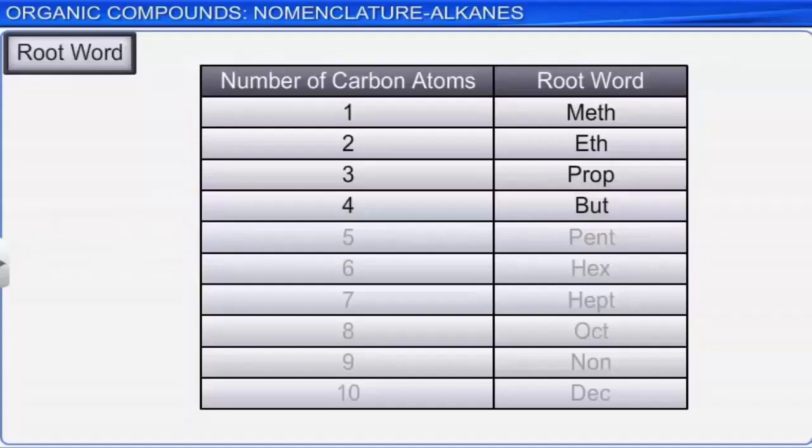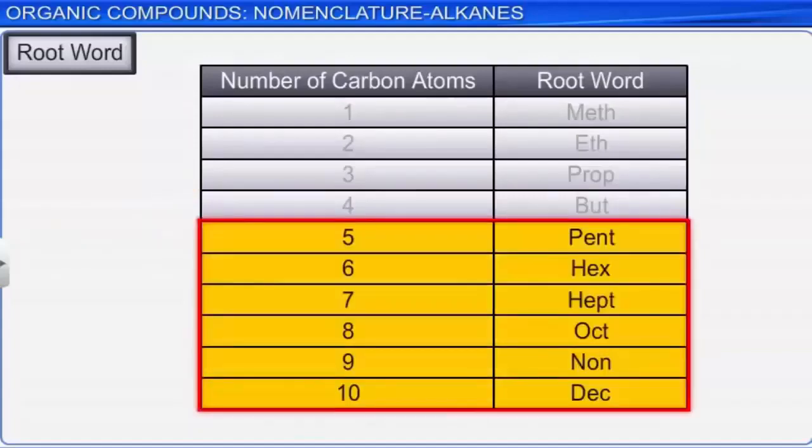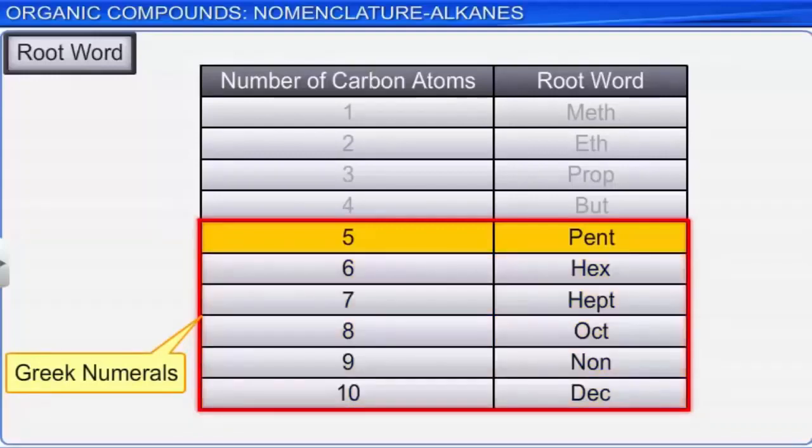A chain that consists of more than 4 carbon atoms is assigned a root word derived from the names of Greek numerals. Thus, the word root for 5 carbon atoms is pent, 6 carbon atoms is hex, 7 carbon atoms is hept, 8 carbon atoms is oct, 9 carbon atoms is non, and 10 carbon atoms is dec.